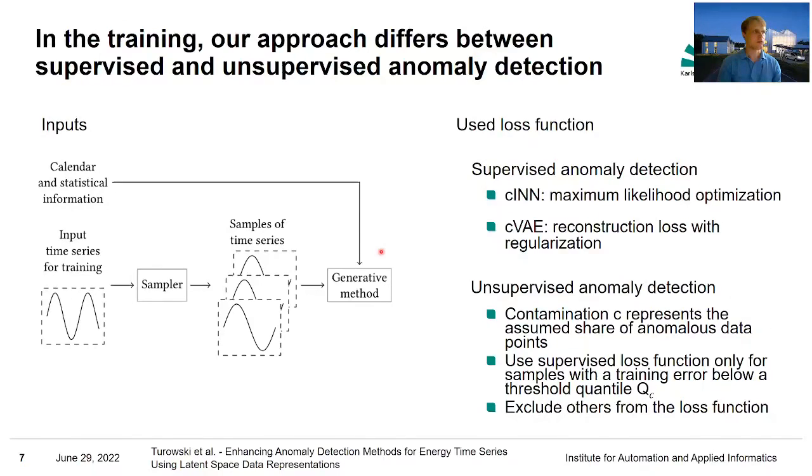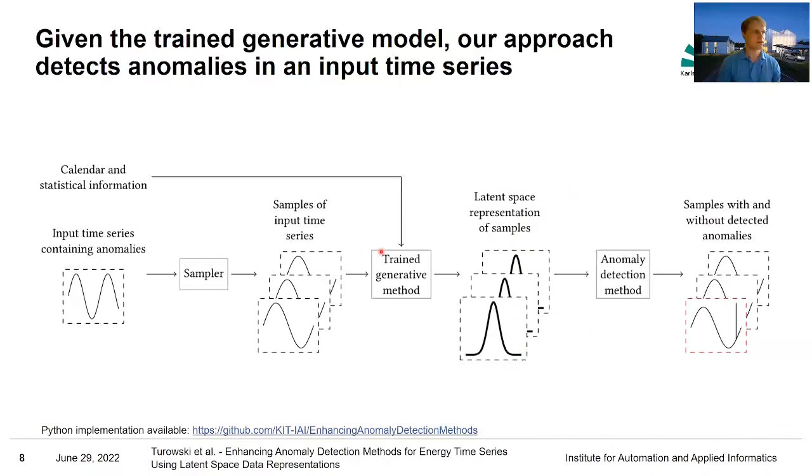Given this trained generative method, we can talk about the application of our approach when we actually want to detect anomalies. So we again need calendar and statistical information as conditional information, as well as an input time series, in this case containing anomalies.